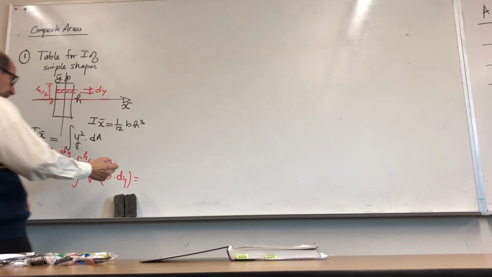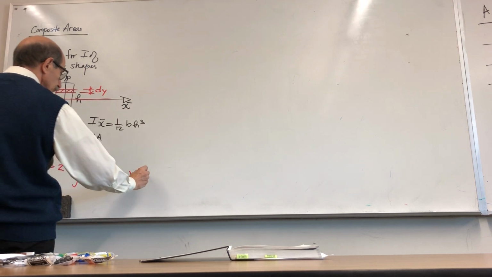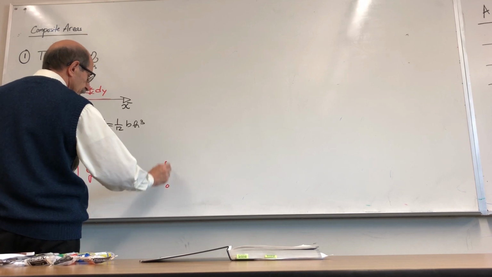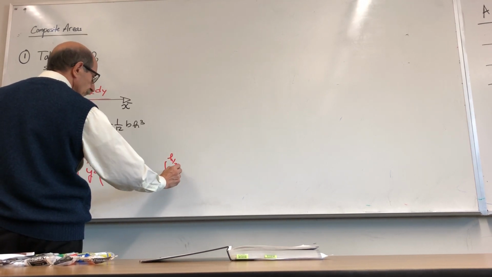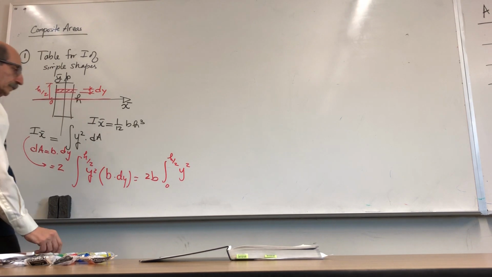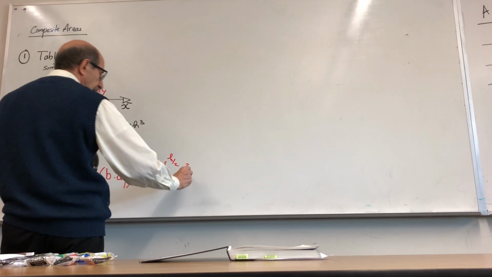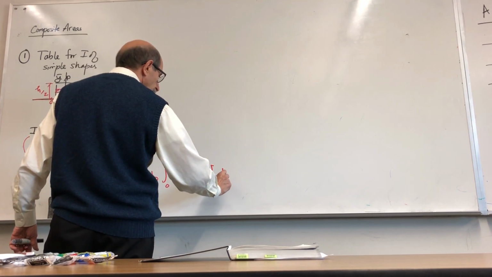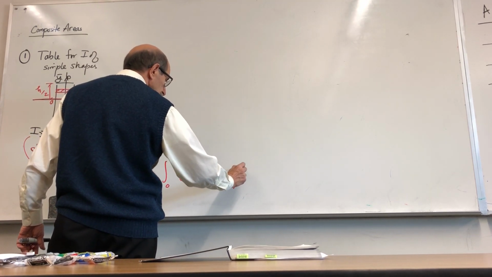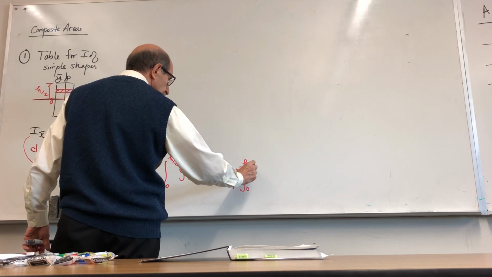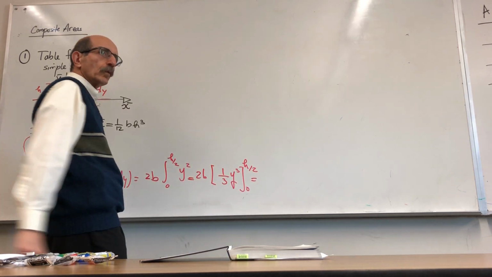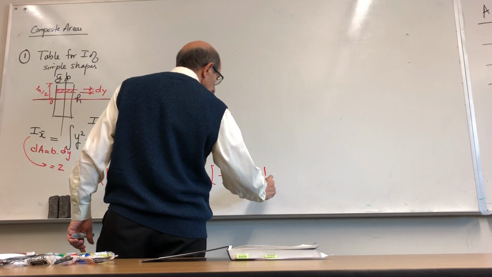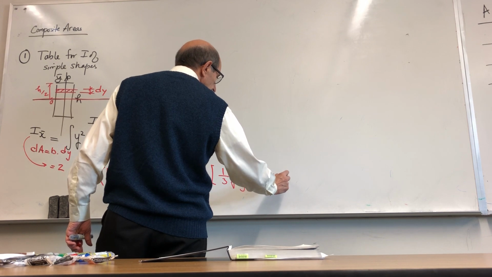That comes out to be 2b, b comes out, integral from 0 to h over 2 of y squared. And if you substitute that, you get 2b times 1/3 of y cubed going from 0 to h over 2. So if you substitute for y and simplify it, you will get 1/12 b h cubed.